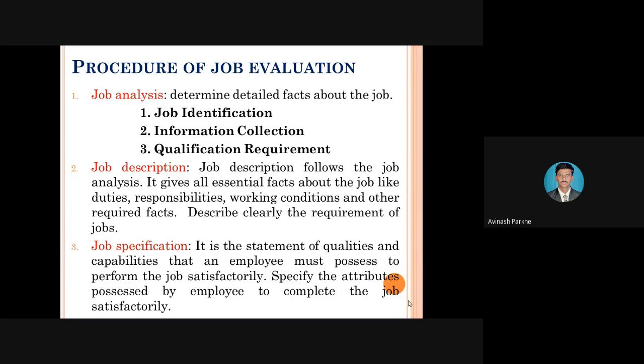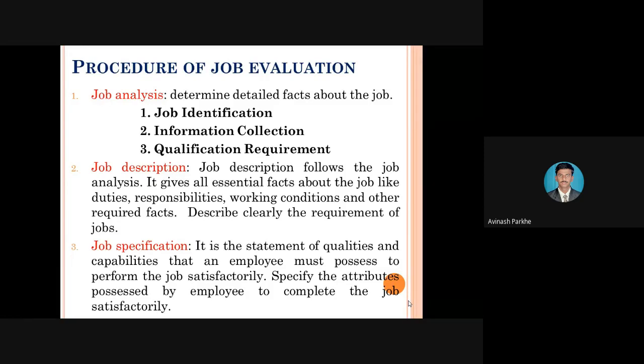So what is meant by job identification? Whatever information we have to find, in order to find that information, first of all we have to go for the identification of the job. For that purpose, you will get this information through the organizational chart, or a diagram of the production processes, or the functional relationship between the jobs.